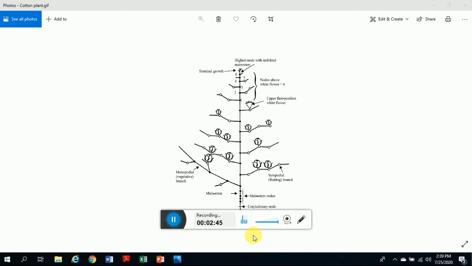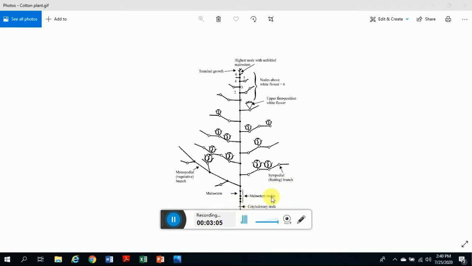This gives us the number of days the plant has taken from the first node to the last node. We have already discussed that the plant takes 7 days from germination to establishment of the first cotyledonary node.